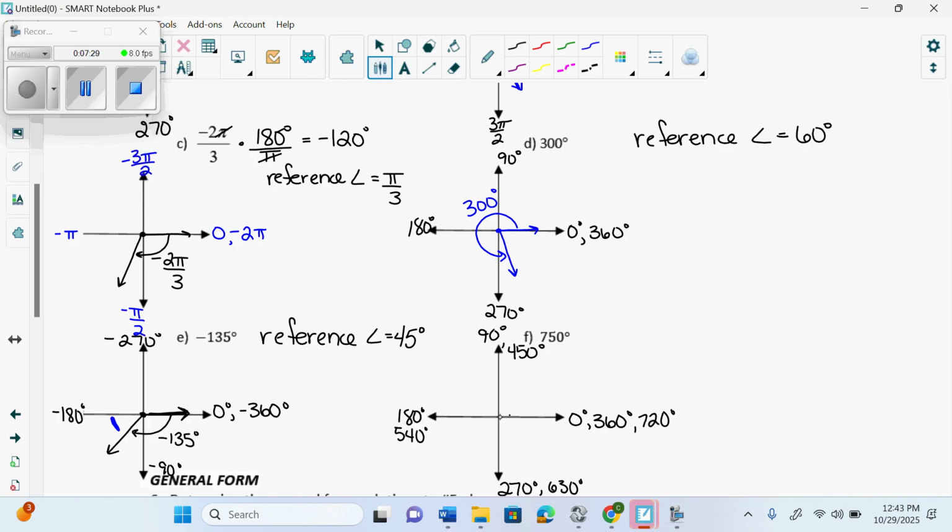So I start here at my initial arm, and I go 0 to 360, back around to 720, and then an extra 30. So 750, don't know why I wrote 720. What is my reference angle? 30, because it's from the terminating arm to the x-axis. My reference angle is 30.